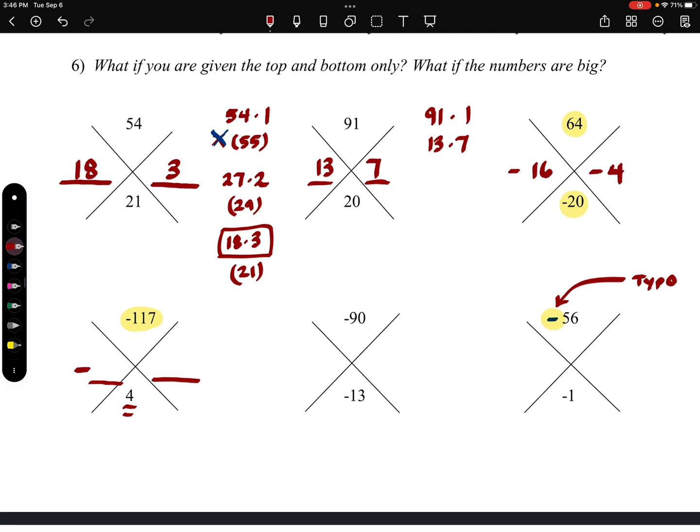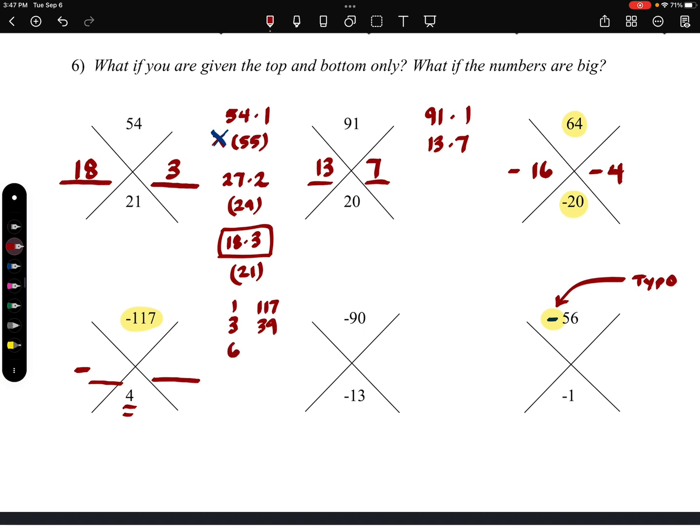Let's see. I think that would be, we had 1 and 117. We have 3 and that would be 39. Okay, those don't differ by 4, so that's not going to work. 4 should not go into it. 5 should not go into it. Will 6 go into 117?